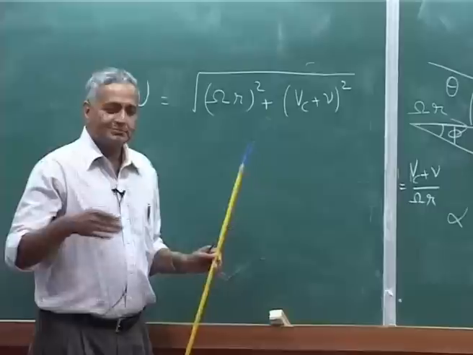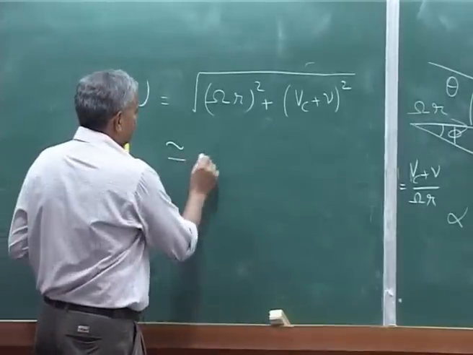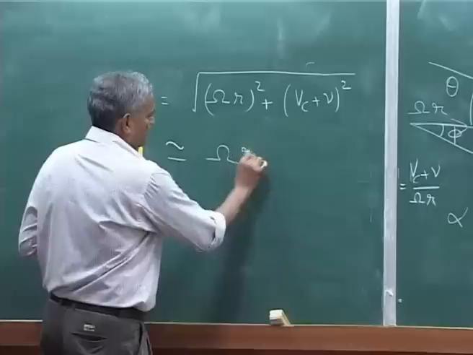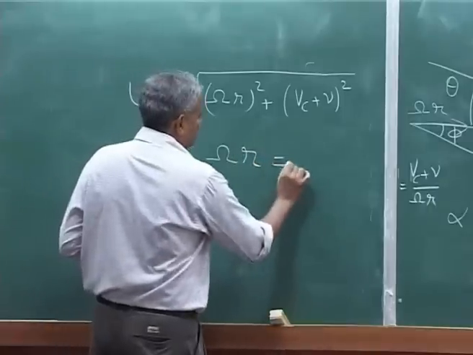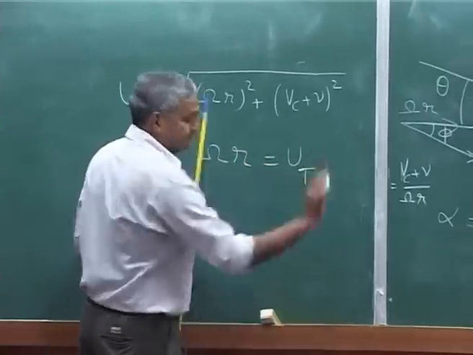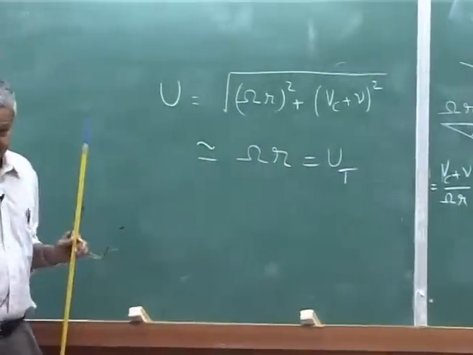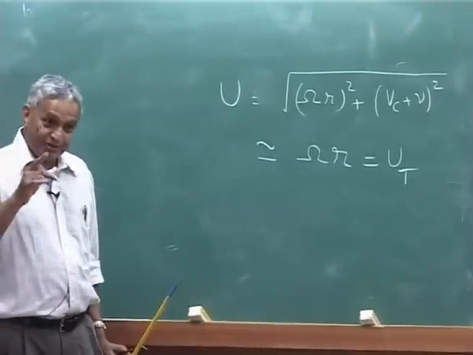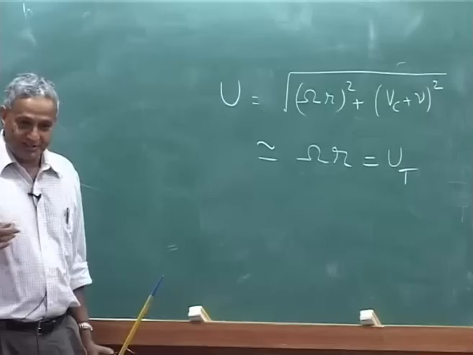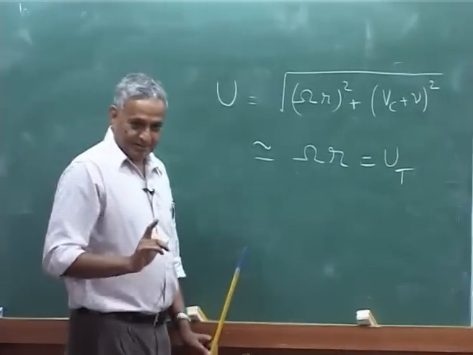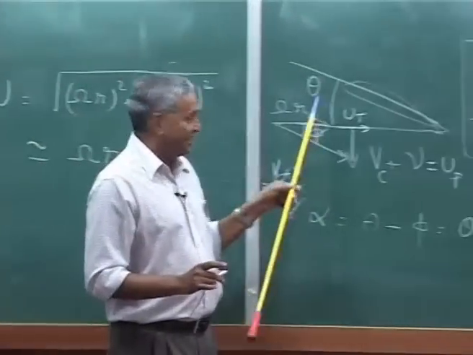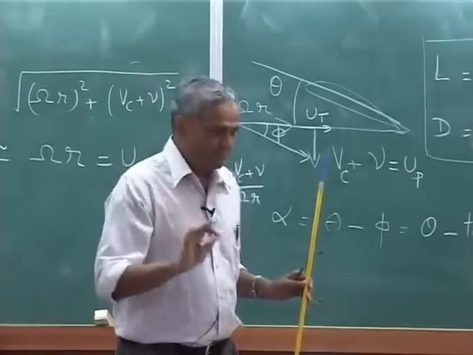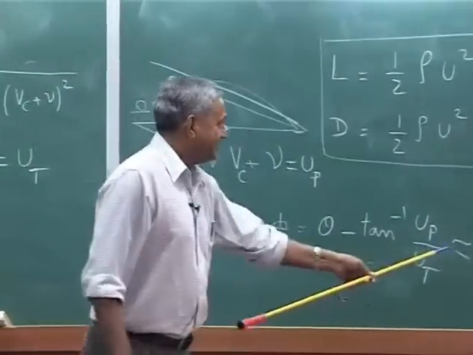So, I represent my u, the resultant velocity, as ut. But that does not mean I change the angle of attack also, I keep alpha as this.